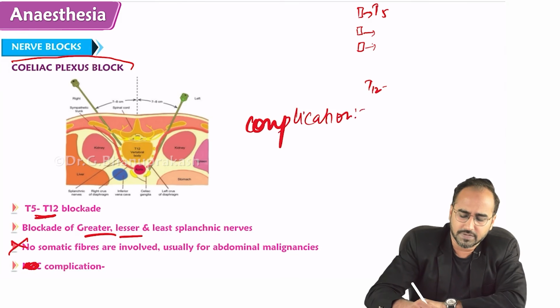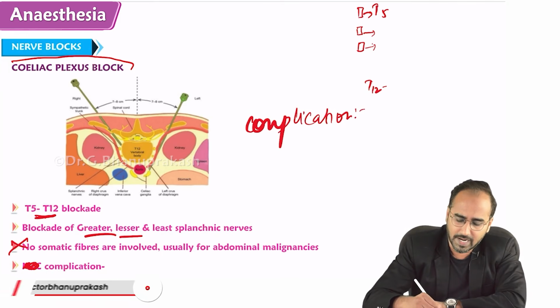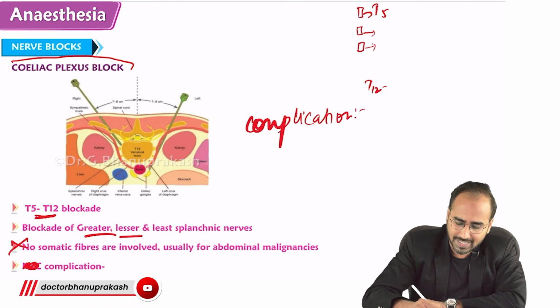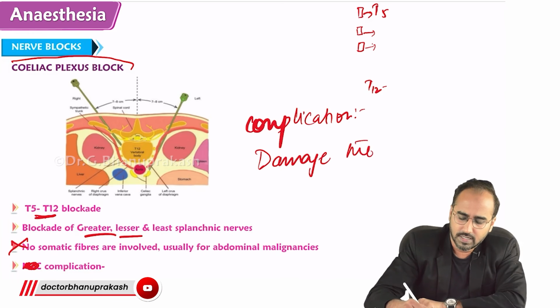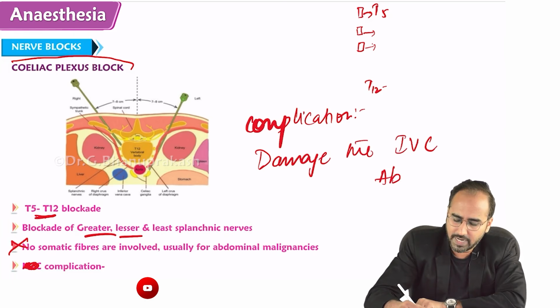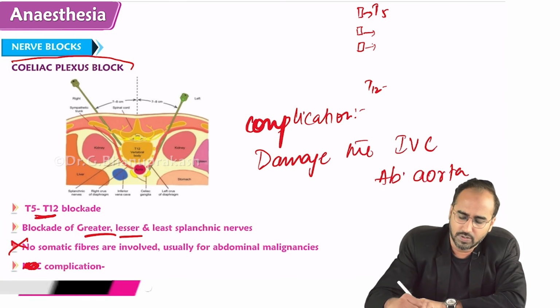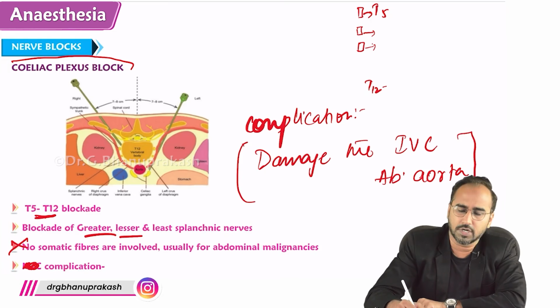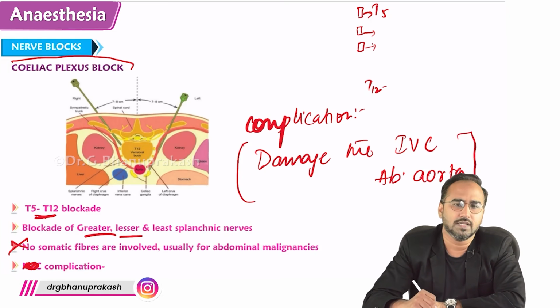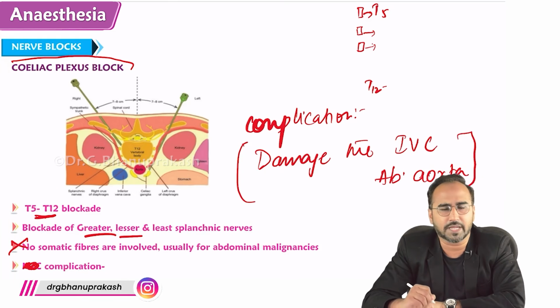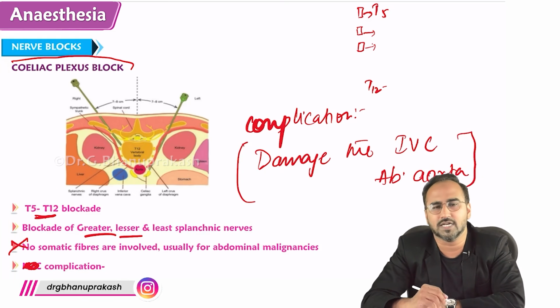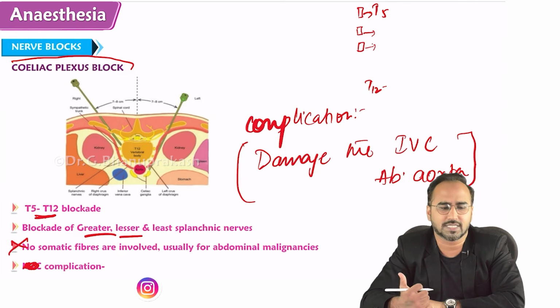With Celiac Plexus block, there is much chance to damage the inferior vena cava or damage the major blood vessels such as the abdominal aorta. So this was regarding the Celiac Plexus block and the other nerve blocks, guys. Okay guys, thank you.